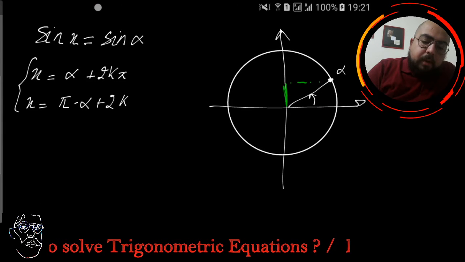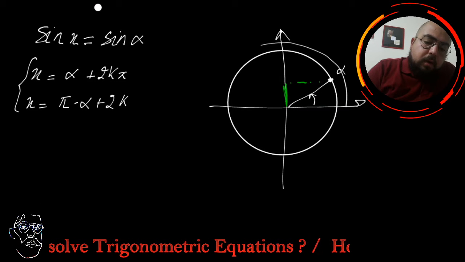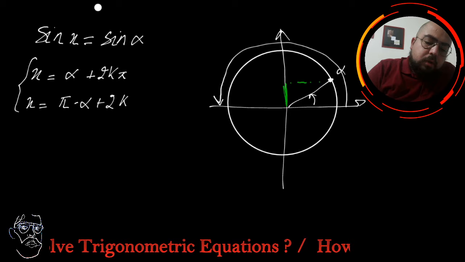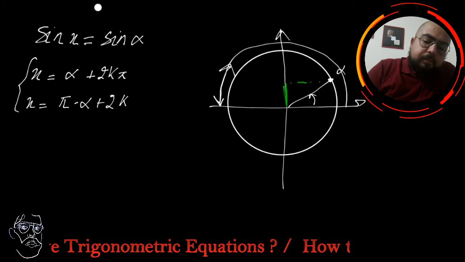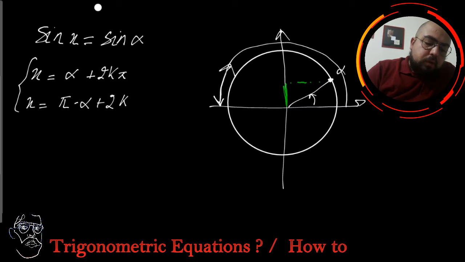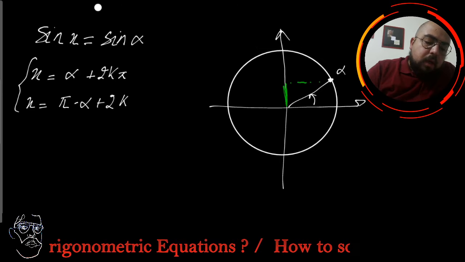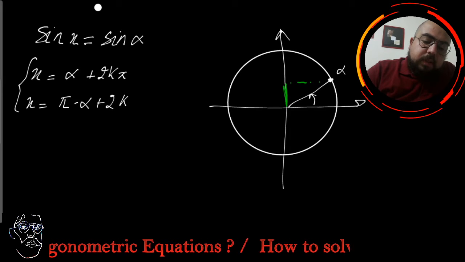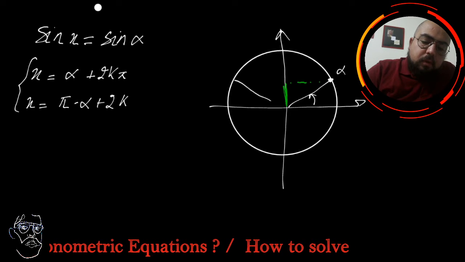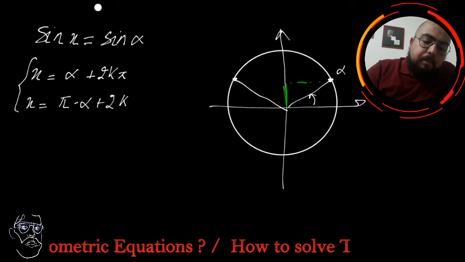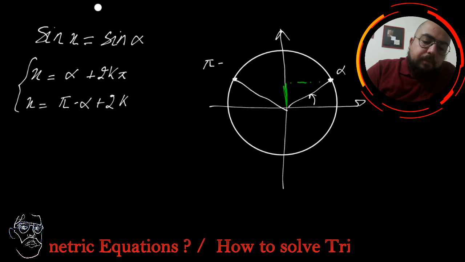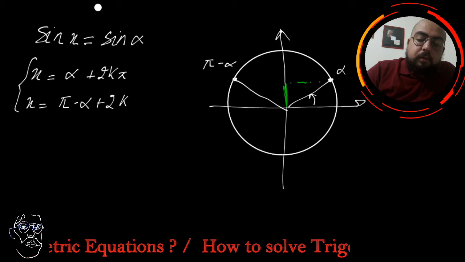Pi minus alpha is a half revolution minus alpha, an angle which belongs to the second quadrant, so sine will be positive.